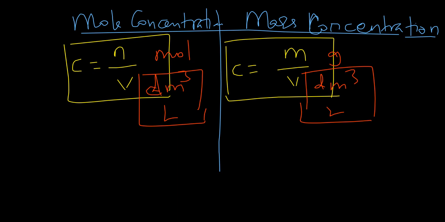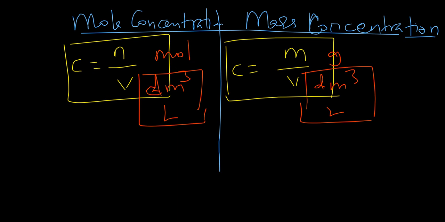But the point here is this: to calculate concentration or mole concentration is always the mole divided by the volume. Volume is in dm cube. It is in liters also. Any of them. Mass concentration is calculated by dividing the mass, which is in grams, by the volume, which is also in either dm cube or in liters.